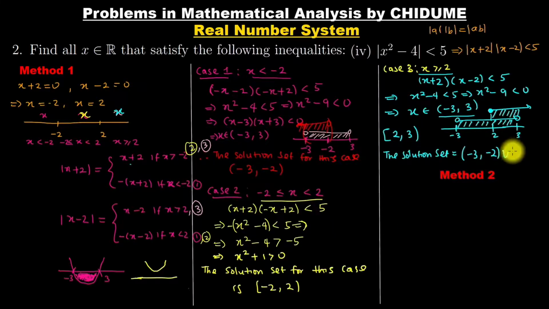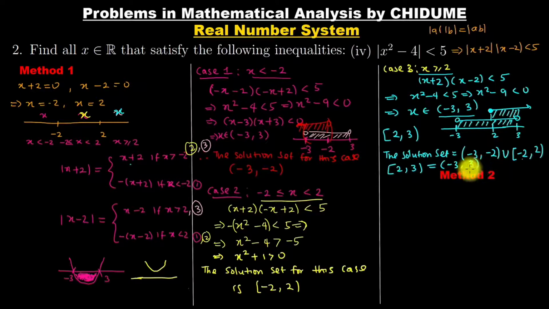For the second case, closed at -2, that's [-2, 2], then for the last one we had closed at 2 and open at 3. If I take the union of these 3 sets, this is open here, closed here, open here, closed here, so I'm going to have (-3, 3), open at -3 and also open at 3.